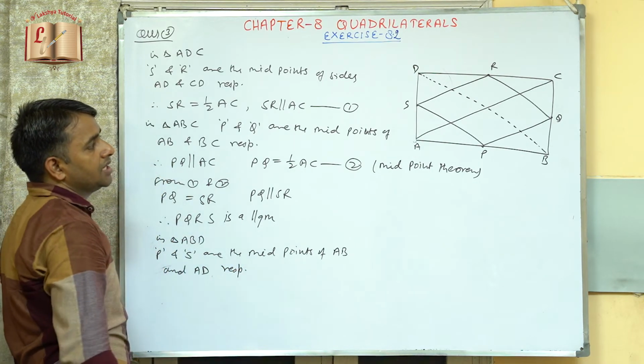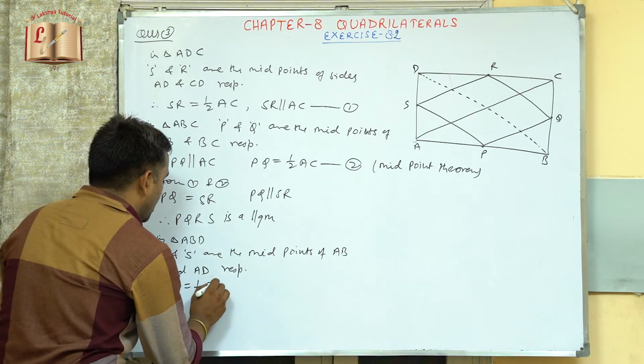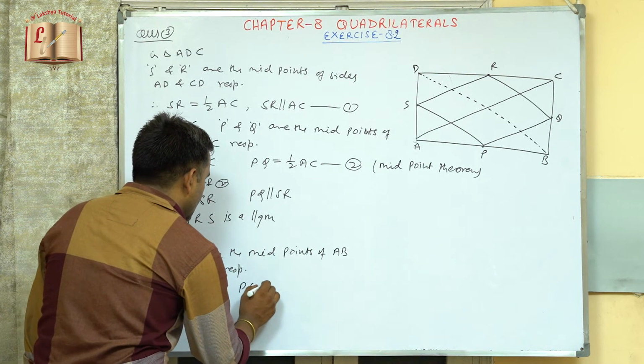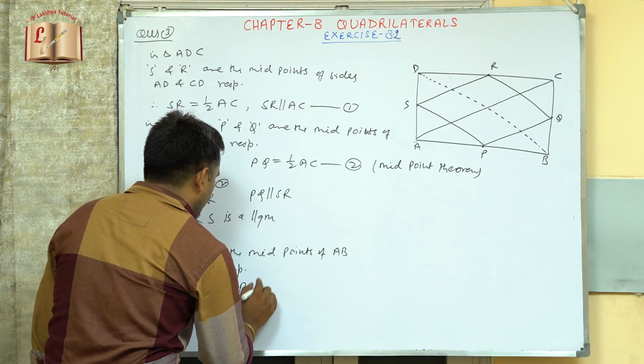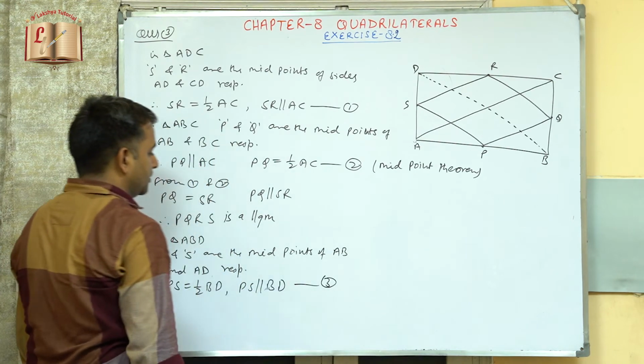Therefore, PS is equal to half of BD and PS is parallel to BD. This is equation number 3.